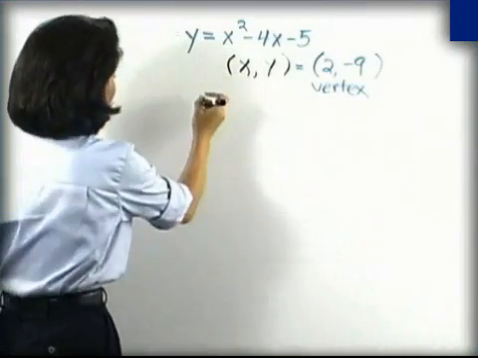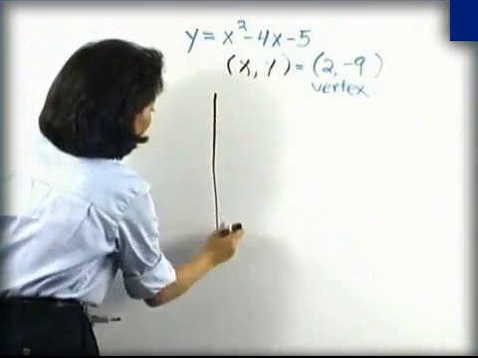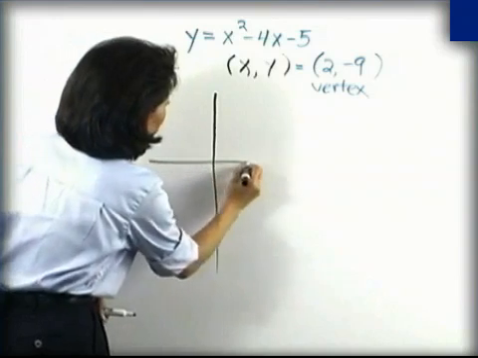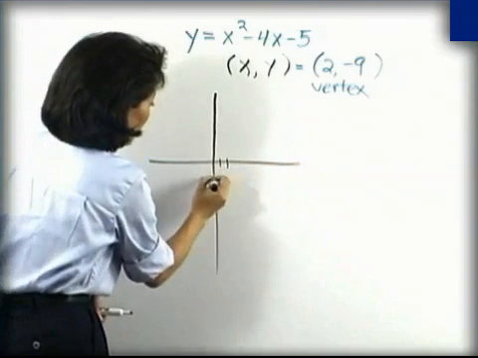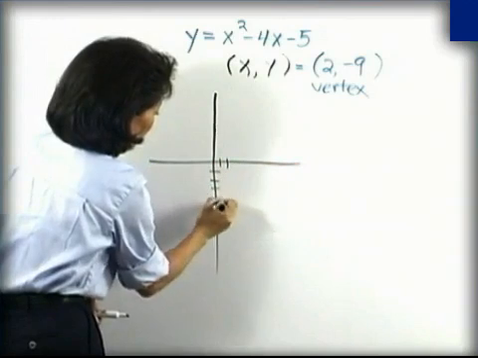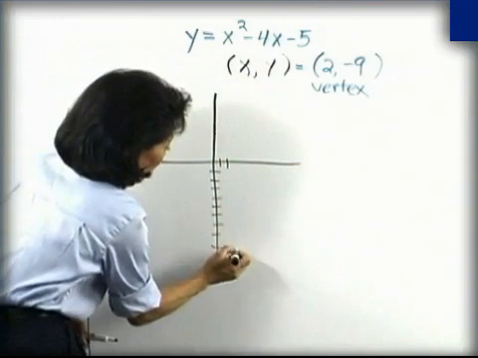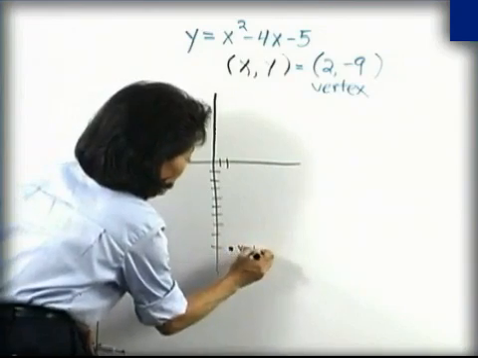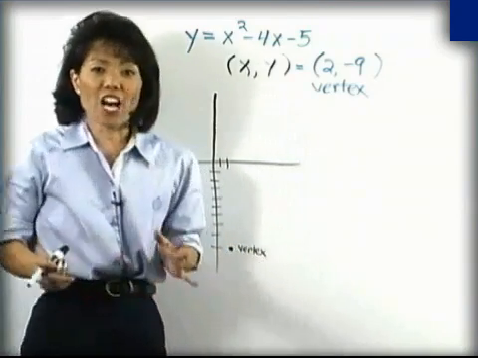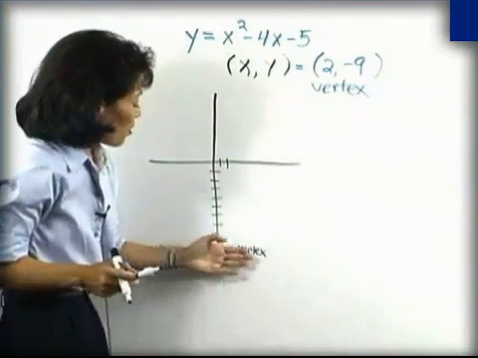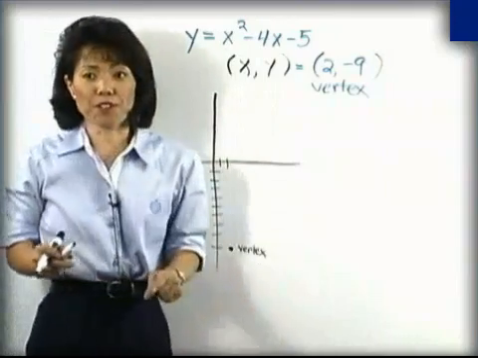So now we can draw our x and y axis, and we can plot the point (2, negative 9). This is our vertex. Now, we need to know whether our parabola is facing upward or going downward.